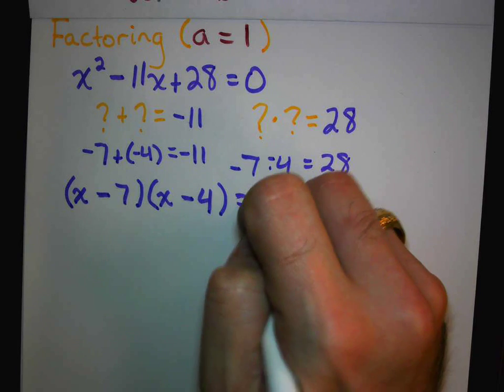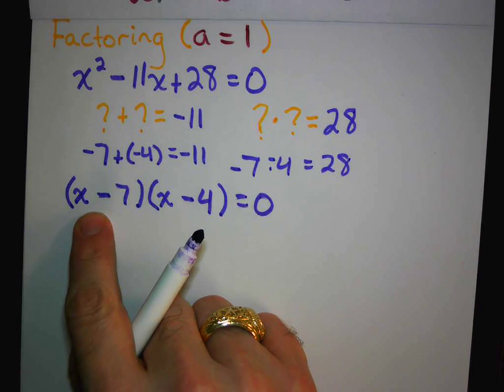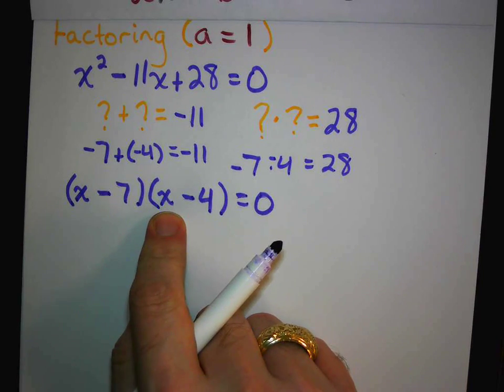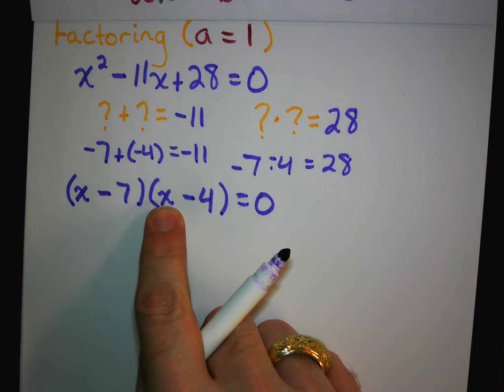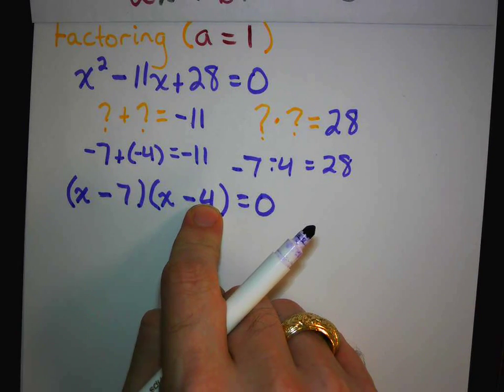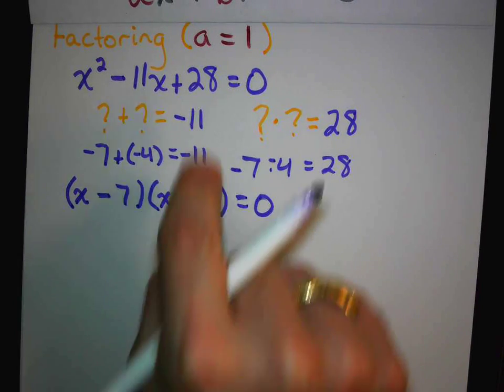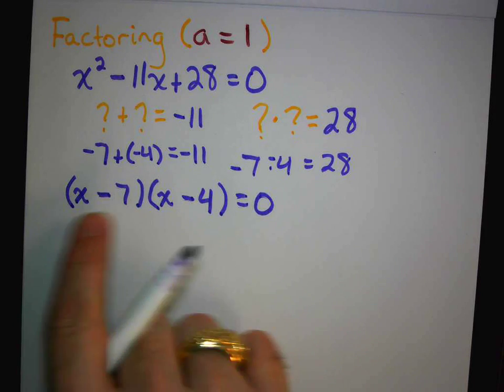Now, I could do FOIL to multiply these out again, and I would find that x times x is x squared. Then I get minus 4x minus 7x is minus 11x, and then minus 7 times minus 4 is positive 28. And so all I have done is factored this into two separate pieces.